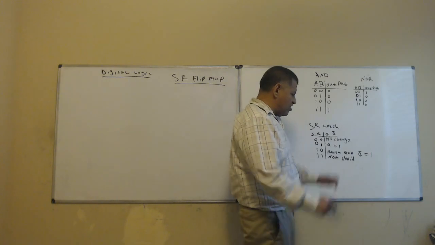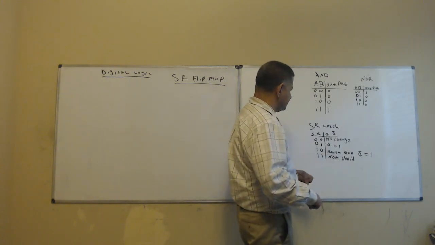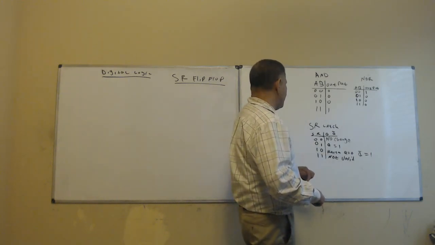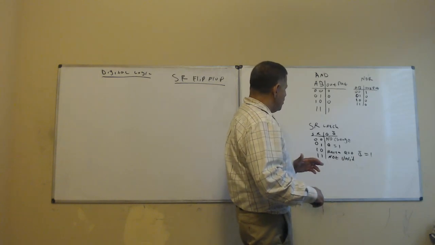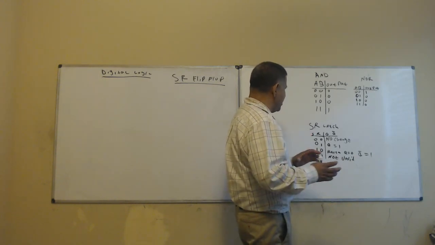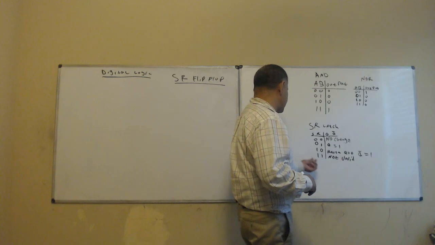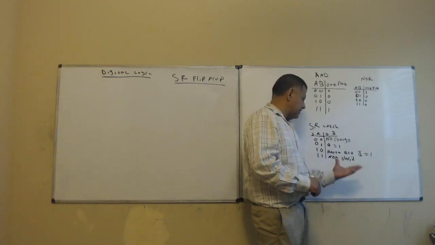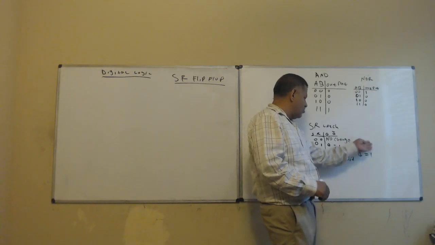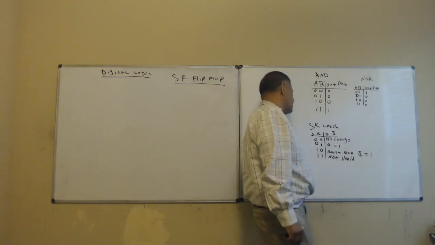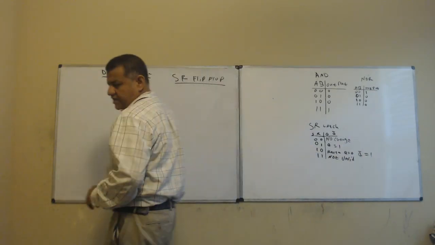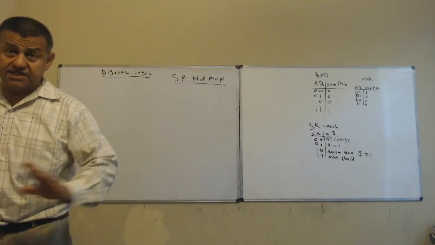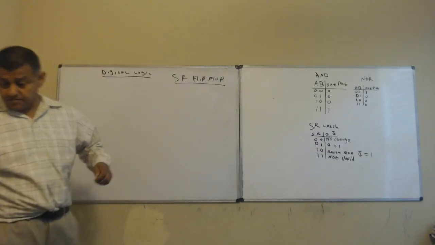The reason is that you press both at the same time, and it would make both zeros. You cannot have those at the same time. You have to have either Q or Q not equal to 1. But anyway, you will have a better understanding when we do the drawing here.